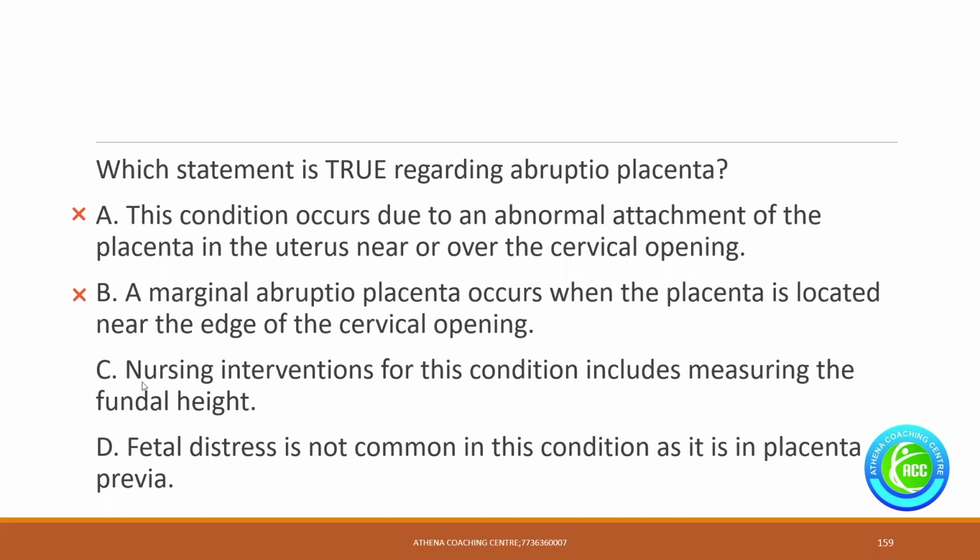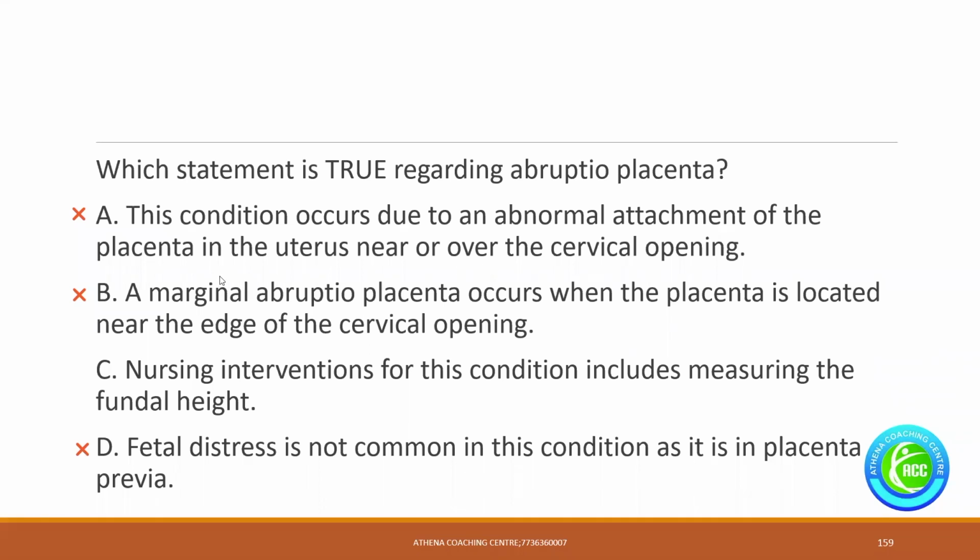C: Nursing intervention for this condition includes measuring the fundal height. Can be. D: Fetal distress is not common in this condition as it is placenta previa. No, abruptio placenta is something different; placenta previa is something different from abruptio placenta. Fetal distress is considered a common complication of a client with abruptio placenta.